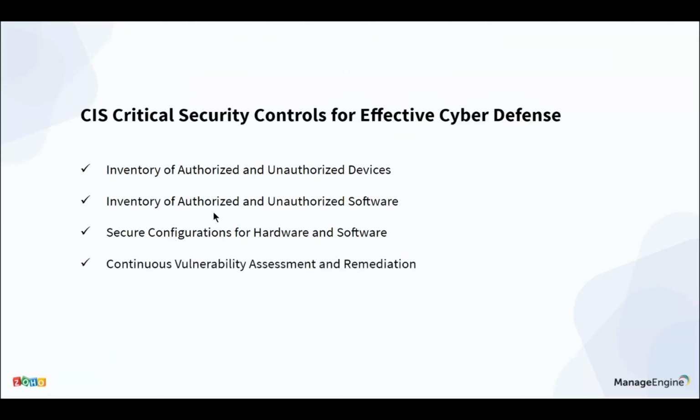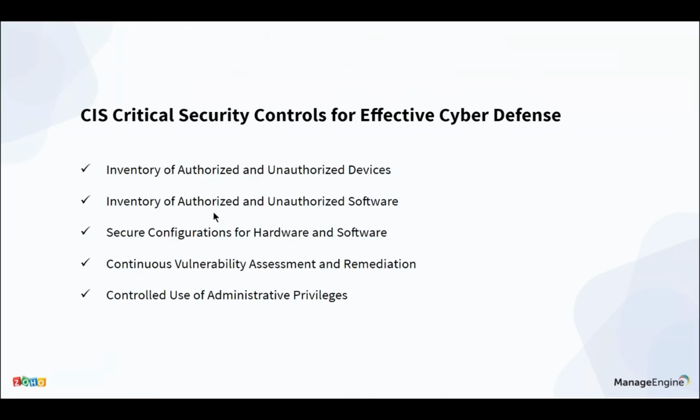And then continuous vulnerability assessment and remediation. You should make sure you have a strong vulnerability assessment and remediation program that continuously assesses your environment, gives you periodic reports, and also gives you remediation as well. And finally, controlled use of administrative privileges.